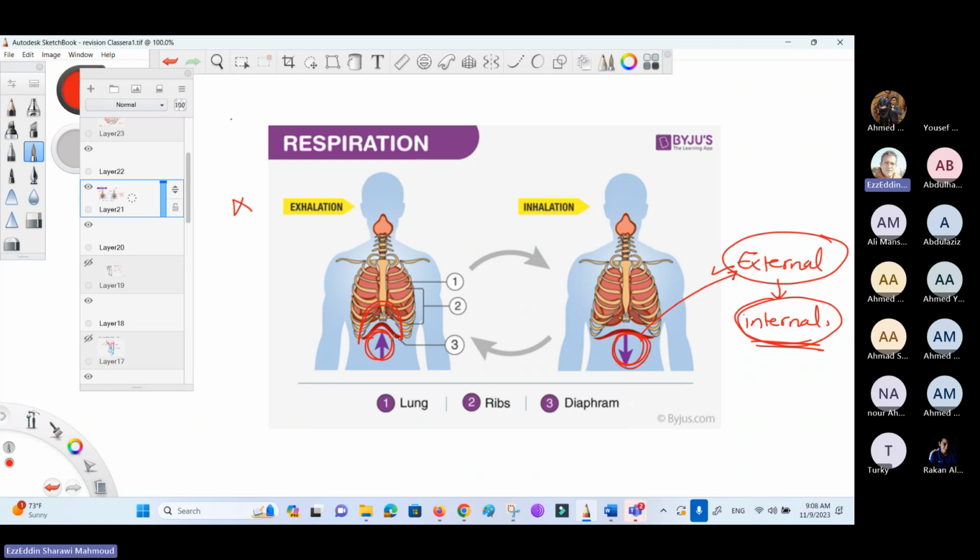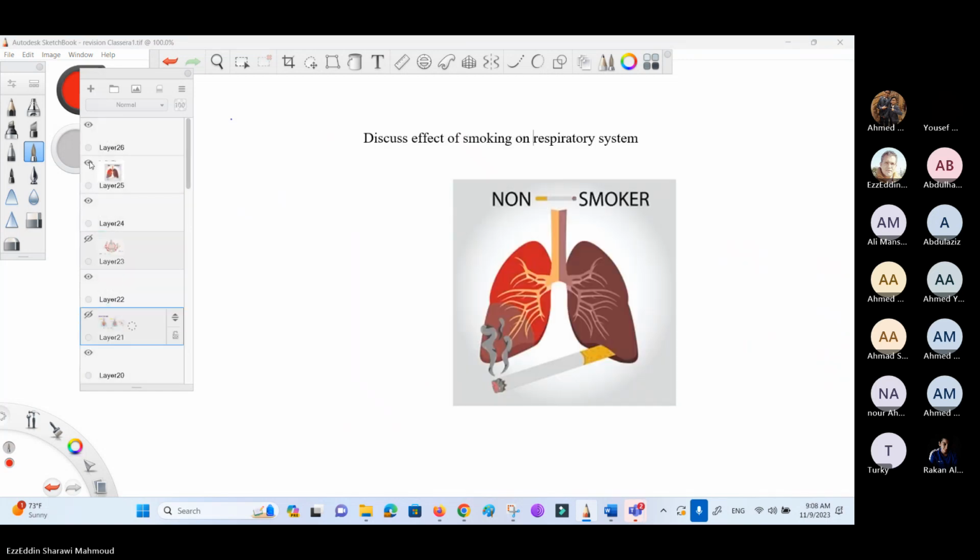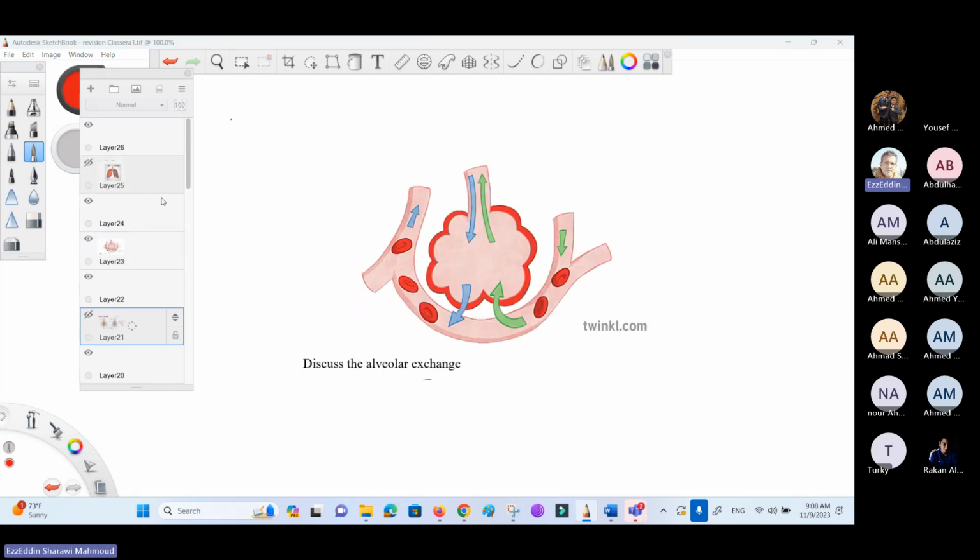When the diaphragm relaxes, the external intercostal muscles also relax, but the internal intercostal muscles will contract. Okay? This is a difference. I will mention it later here.